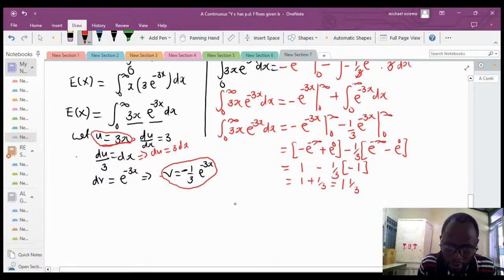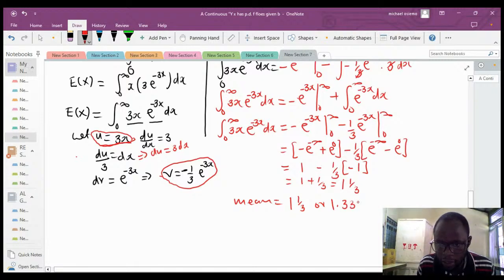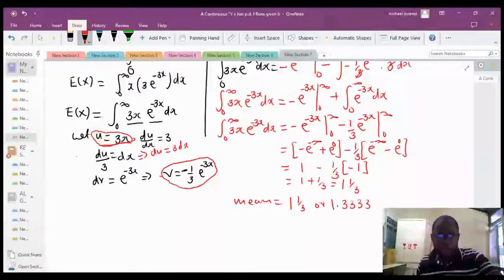So our mean is equal to 1 and a third, or 1.333.